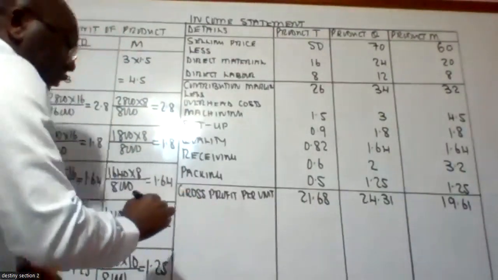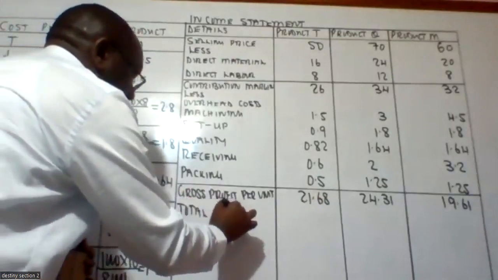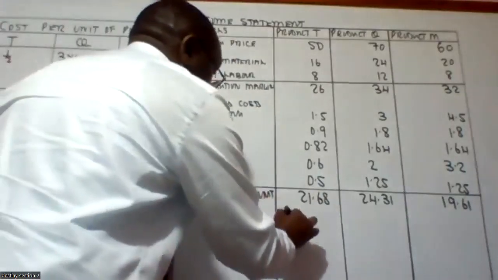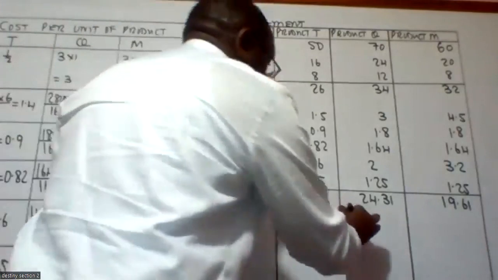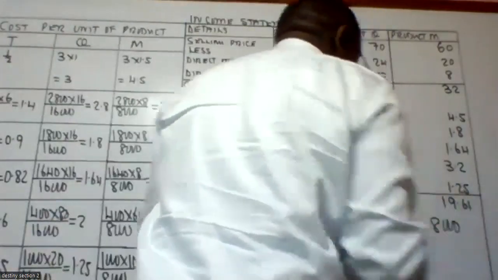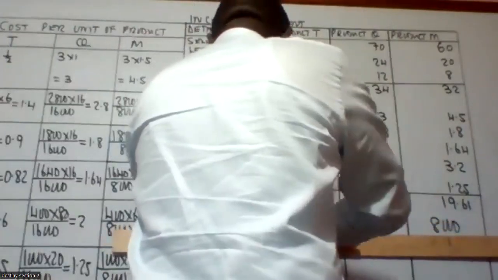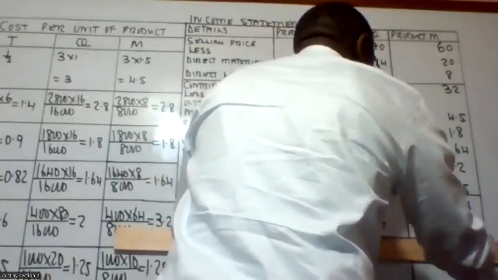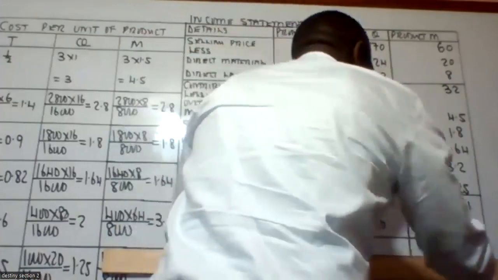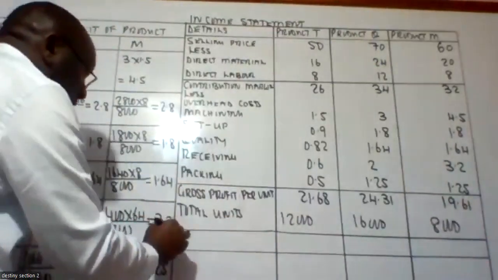So if that is what I have, then I will bring total units. The total units for T are 12,000. Here, 16,000. And here, 8,000. Now I want you to multiply so that we get total profit.